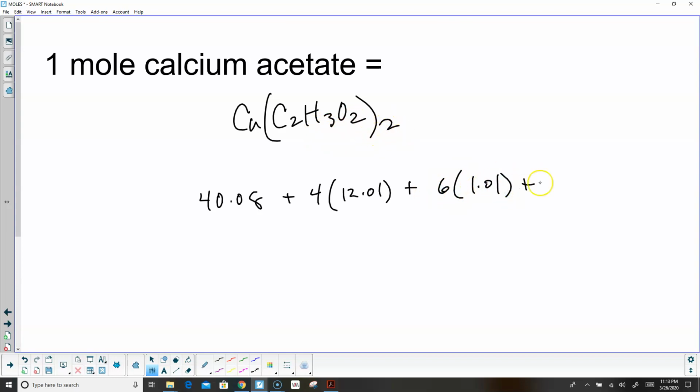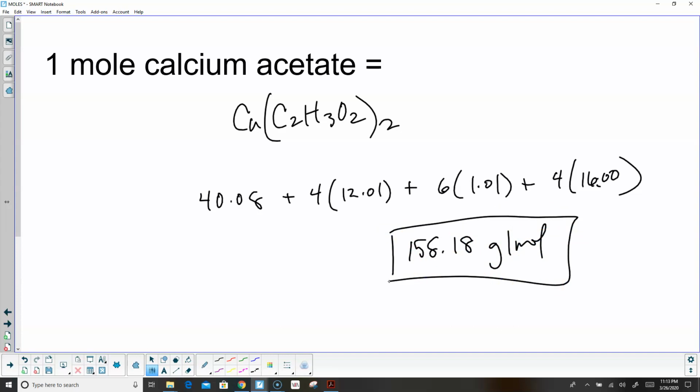And you have 4 oxygens, each weighing 16. You multiply, and then sum all of them. When you do that, you should get 158.18 grams per mole.